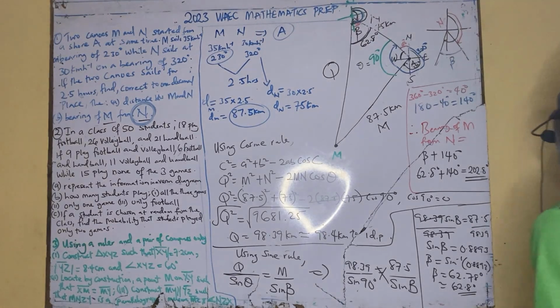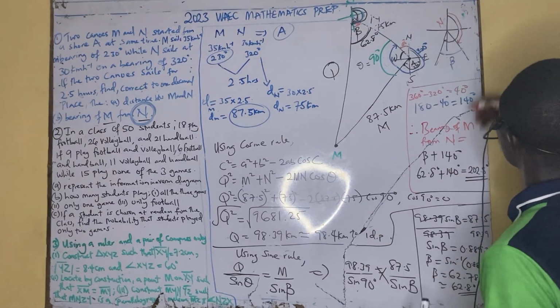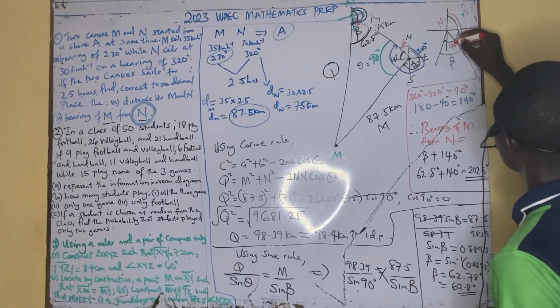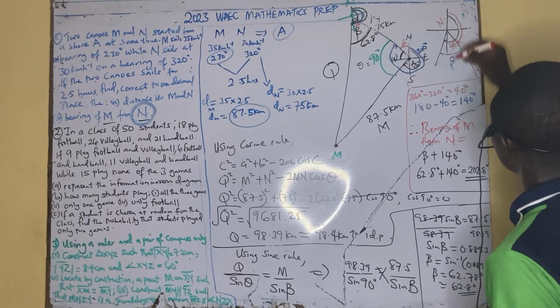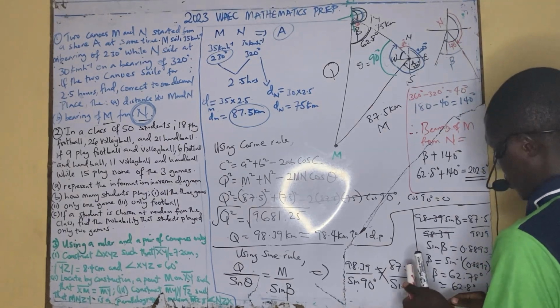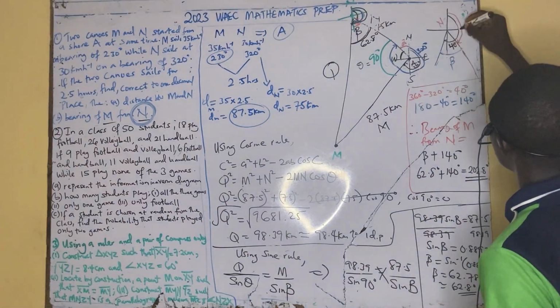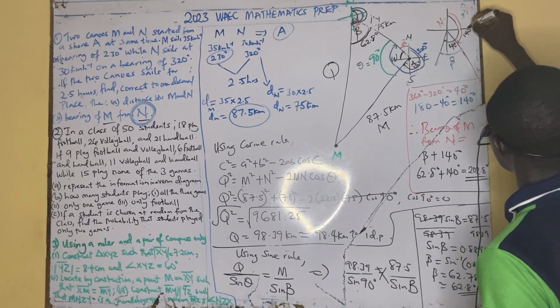So now with that I just try and look for an alternate angle which is 40 degrees. From here to here is 40 degrees. I use an alternate angle to get 40, so I was able to get the angle outside here which is 140. Why?